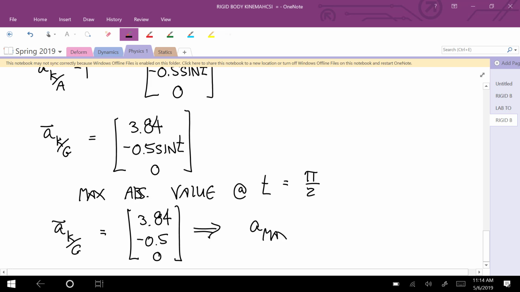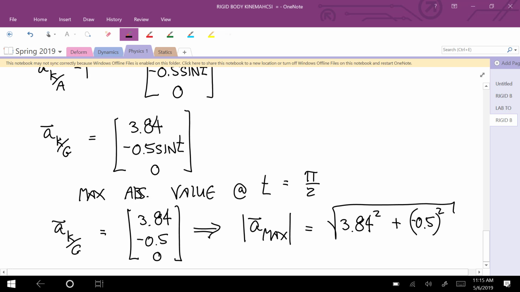And so the maximum acceleration is the magnitude of that: 3.84 squared plus negative 0.5 squared, square root. I won't put anything with 3 dimensions like that on the test, but that's how you would do a problem like that.